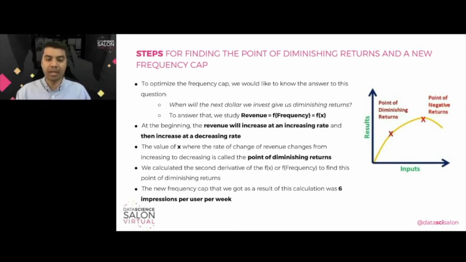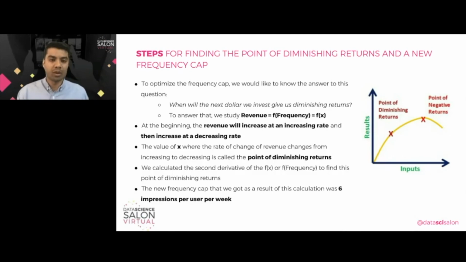That's the mathematical way of finding the point of diminishing returns. When we created this function, we came up with a new value of 6 impressions per user per week. Just to highlight the definition again, revenue will first increase at an increasing rate, then increase at a decreasing rate, and then it will steady, because at some point the impressions have stopped serving.